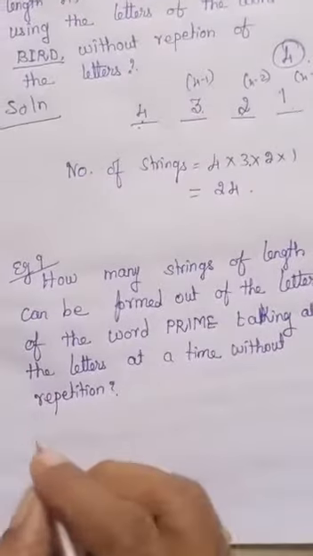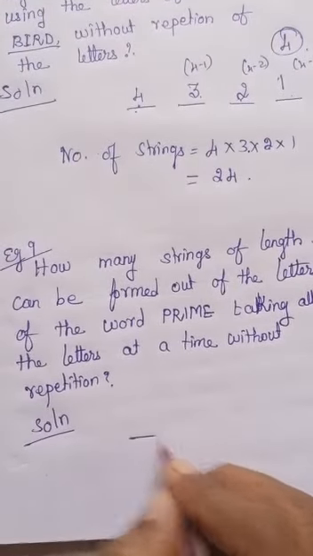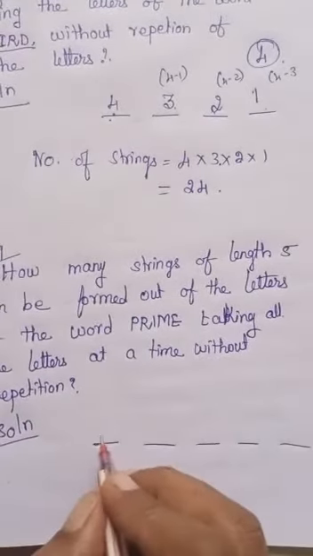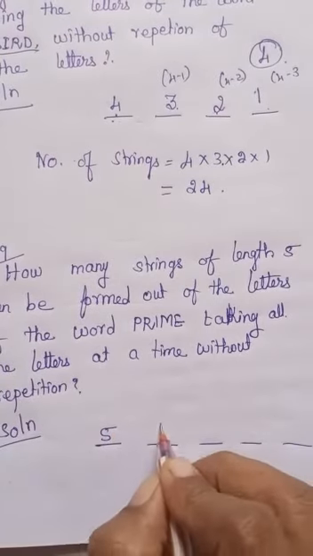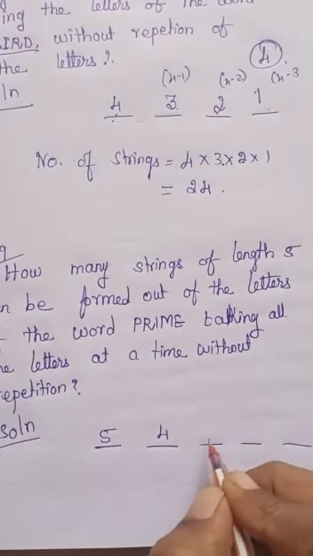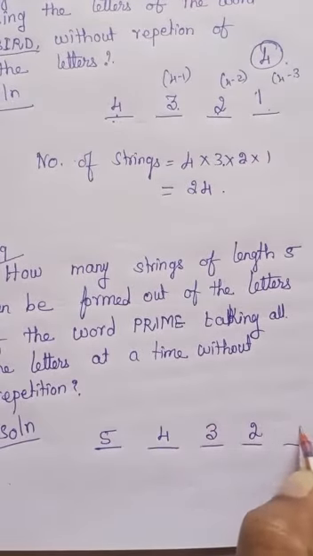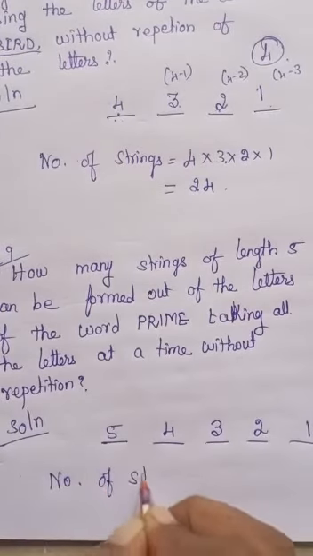So, shall we do it? So, how many? 5. So, I am giving 5. In the first place, 5 possibilities are there. Here 5 minus 1, 4. 5 minus 2, 3. Here 2, 1. So, number of strings.